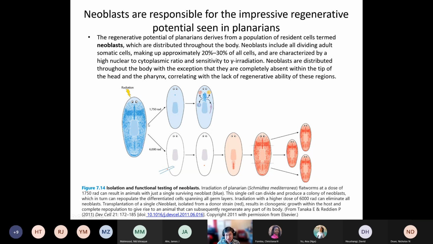If the dose is low, for example, like shown here, it's 1,700 rad of dose, and this dose is known to kill all the neoblasts in this creature except the last one. So basically, you will kill all the stem cells in this creature, but you leave just one there. Of course, in some individuals, that dose will probably kill all.